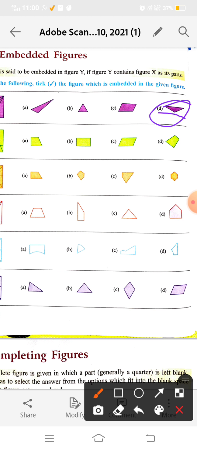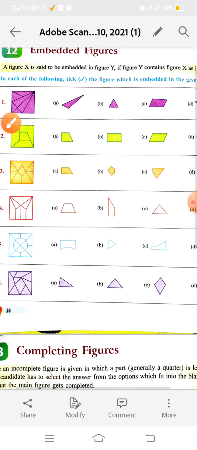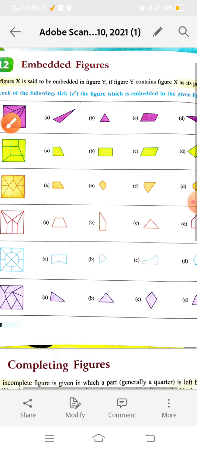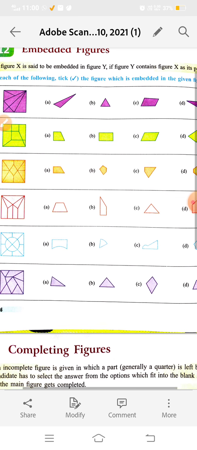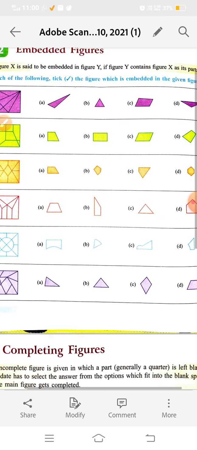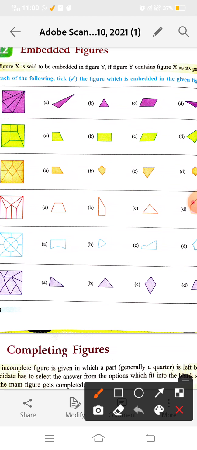How? See here, D is like this, and it will come here. See this part. So D is our right answer.